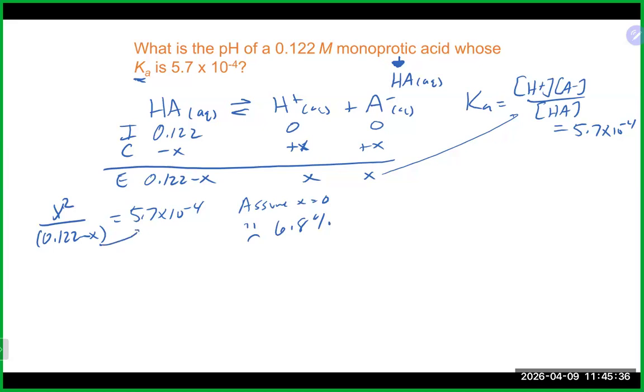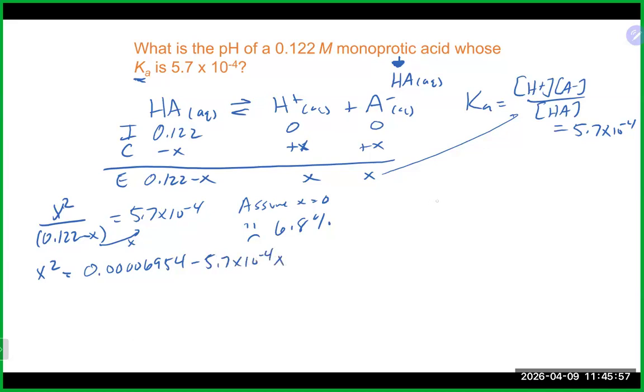So we're going to multiply that to the other side. And that's going to give us x squared is equal to 5.7 times 10 to the minus 4 times 0.122, which is 0.00006954, minus 5.7 times 10 to the minus 4 x.